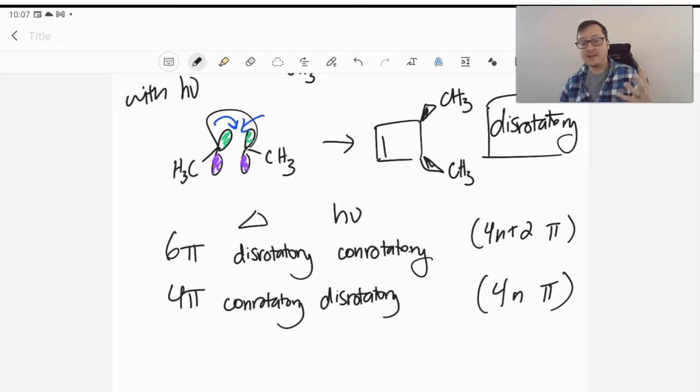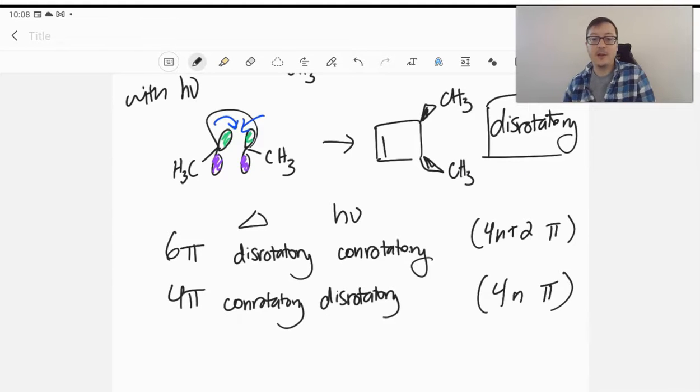So the point is, when you have a conrotatory process, your stereochemistry stays the same. So if they are pointing opposite directions and you have a conrotatory process, in your product, they're still going to be pointing opposite directions. If you have a disrotatory process, you're switching the two. You're going from anti to syn or syn to anti.